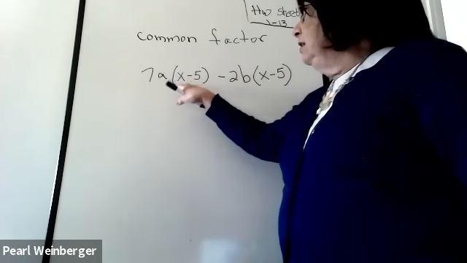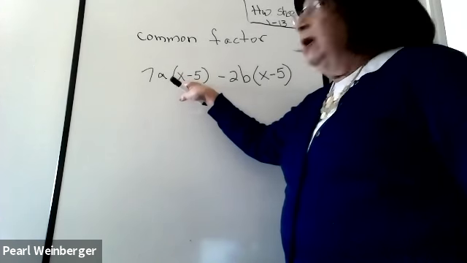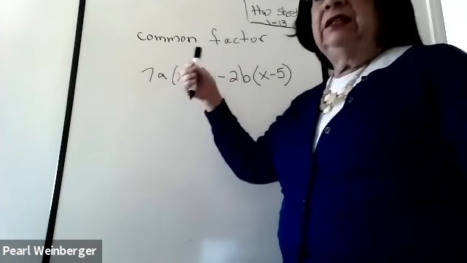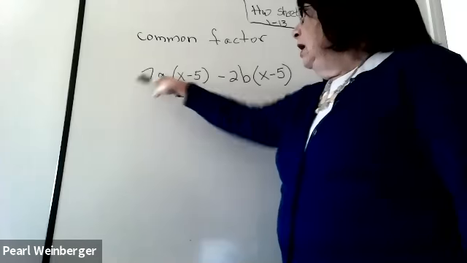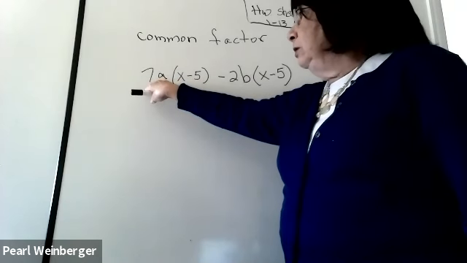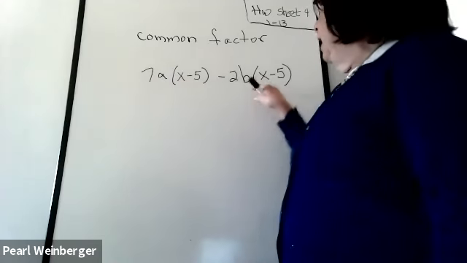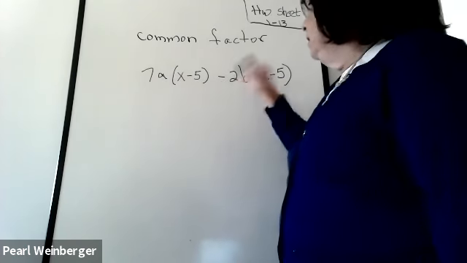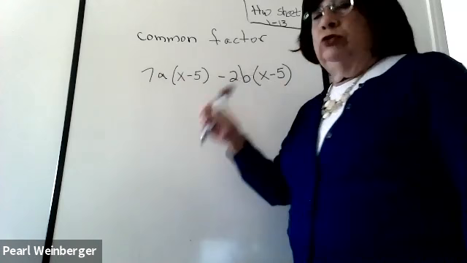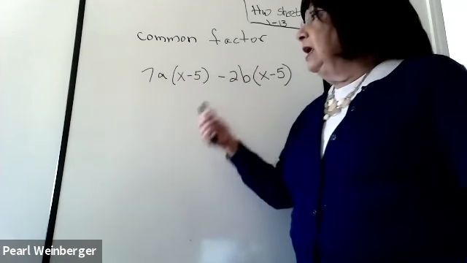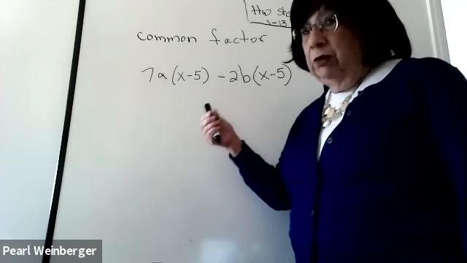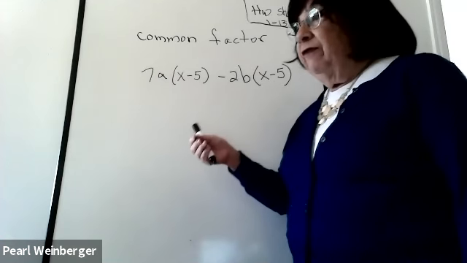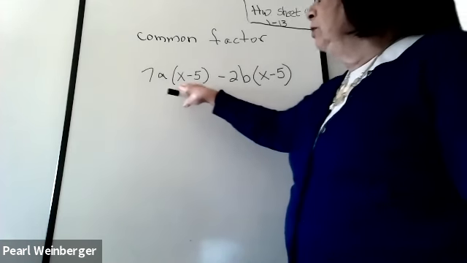And in this case, the binomial x minus 5 is a common factor here. The x minus 5 is being multiplied by this 7a, and it's also being multiplied by the negative 2b. So just like I factored out a common monomial factor, I can factor out my common binomial factor.